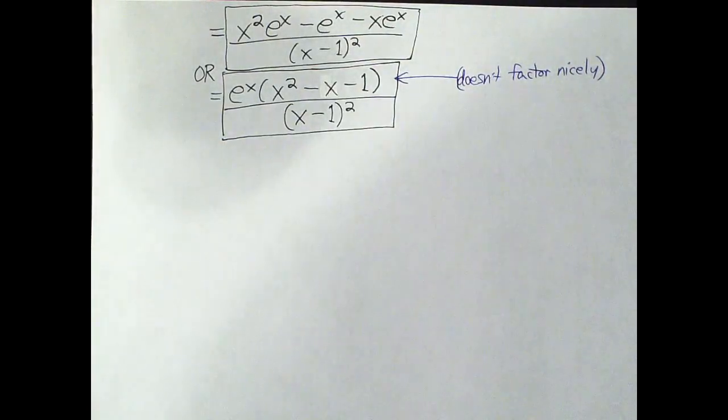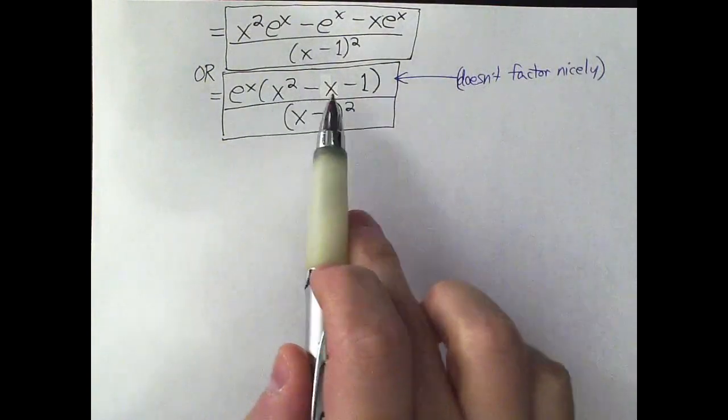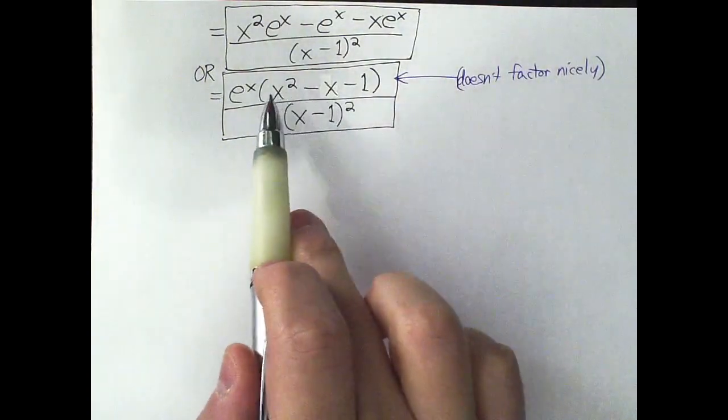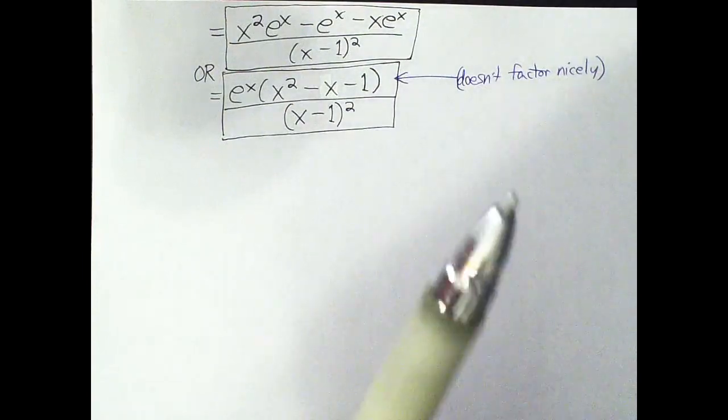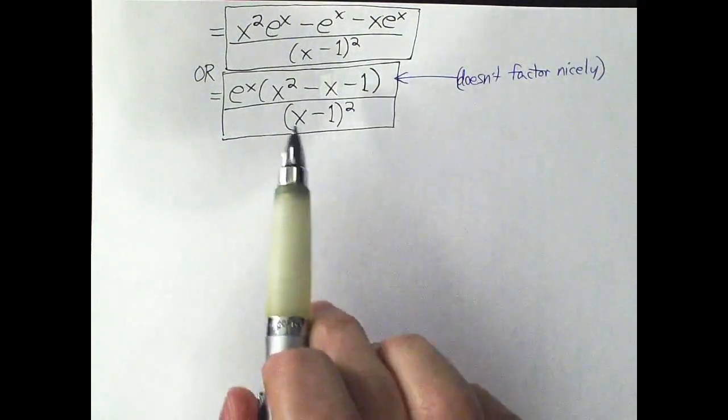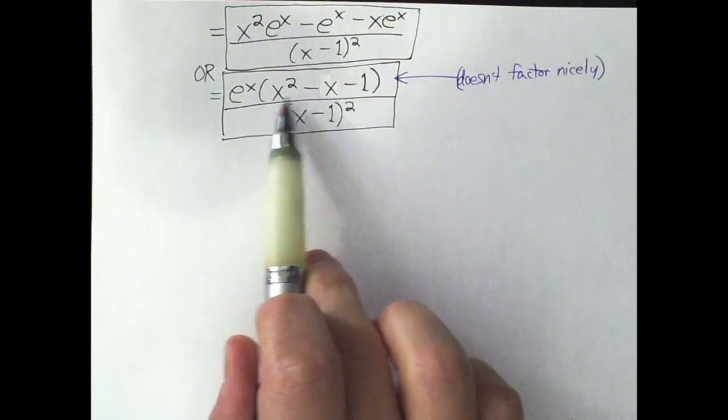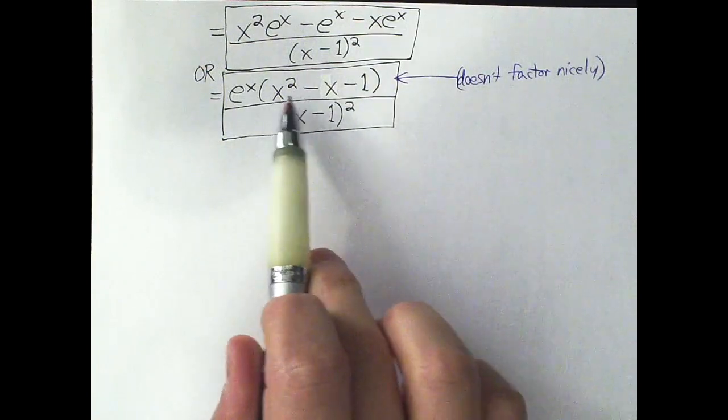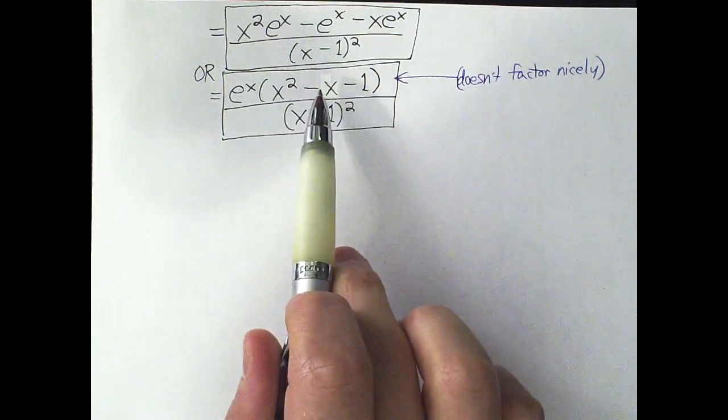The reason why I took it this far in simplifying and tried to factor is that I was thinking, can I split this up into 2 things? What if this factors and one of the factors might be x minus 1?